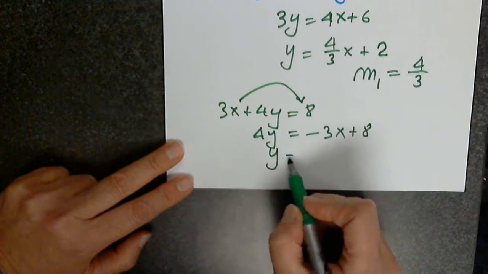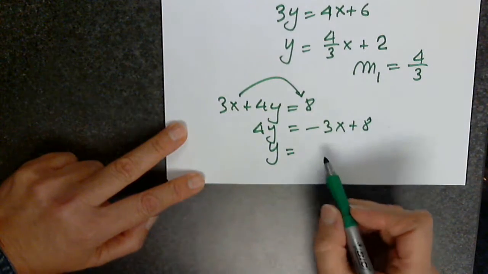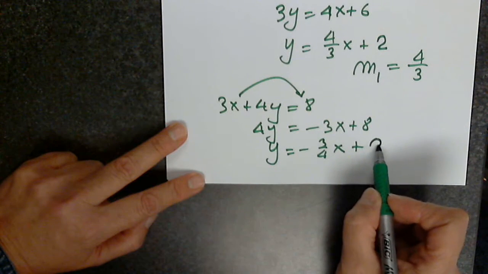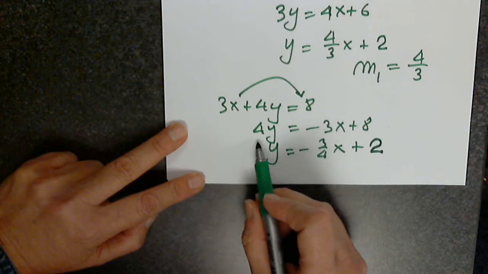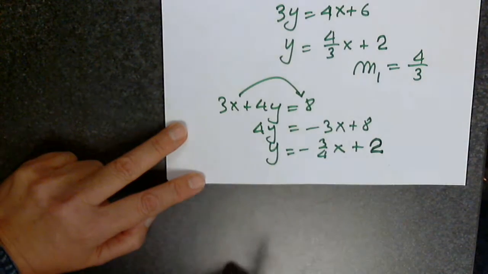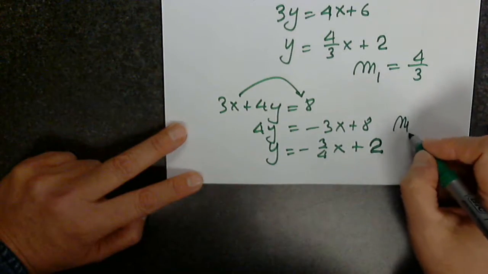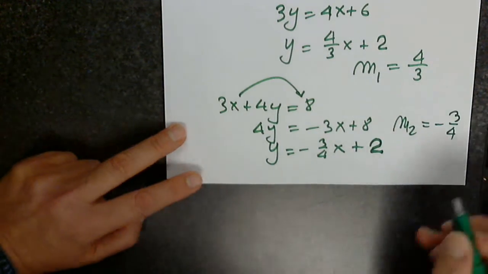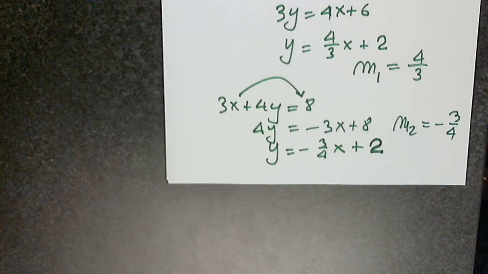And finally, y equals negative 3/4 x plus 2, because I'm dividing by 4. Can anyone identify the slope of the second line? Any conclusion here? Are they perpendicular?